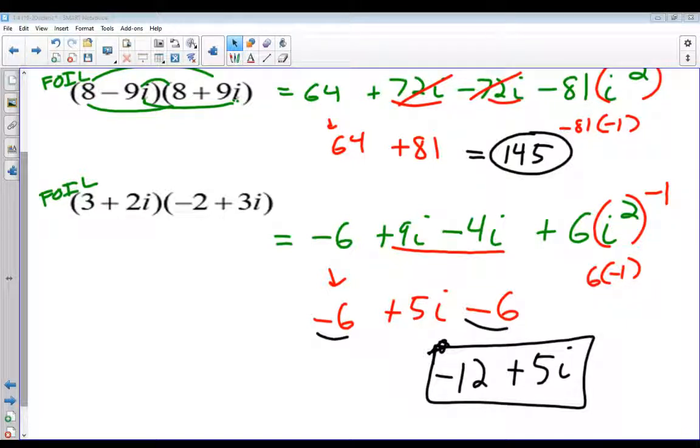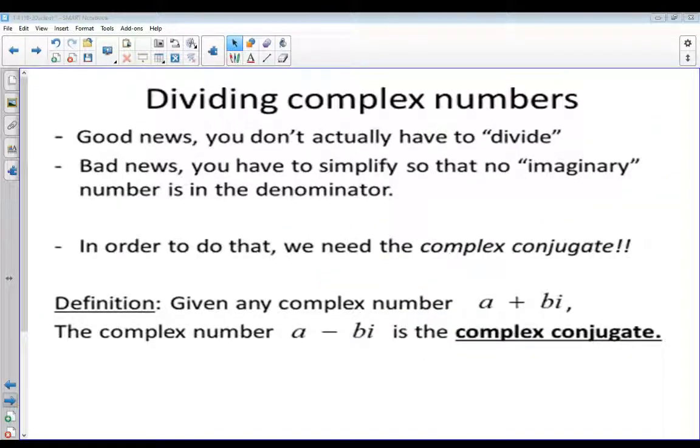Again, nothing really new. So now we've added, subtracted, and multiplied. Now it's time to divide. Dividing complex numbers. I got some good news and I got some bad news. The good news is you don't actually have to divide. That's nice.